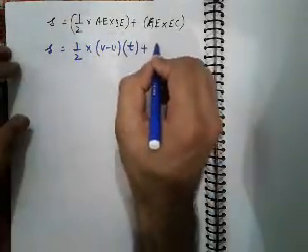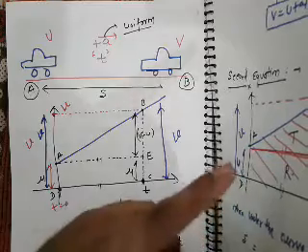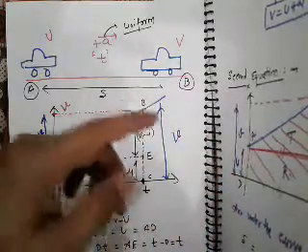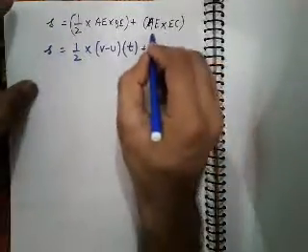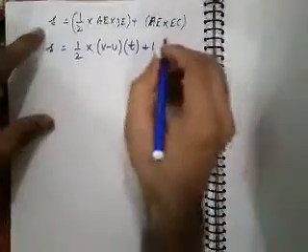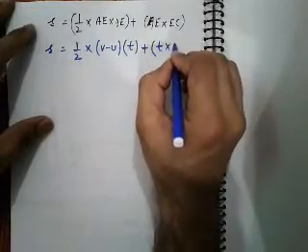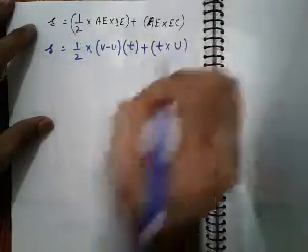Now, the value of AE here is T, and BE is V minus U. And the value of EC, just go through the graph, EC is U, the initial velocity.